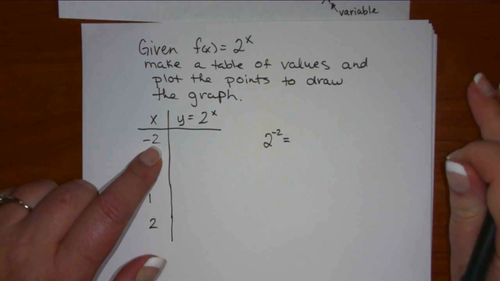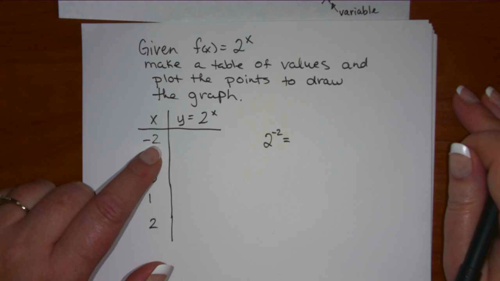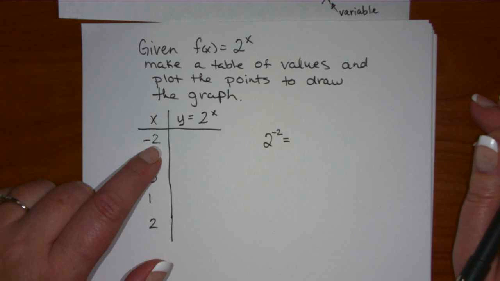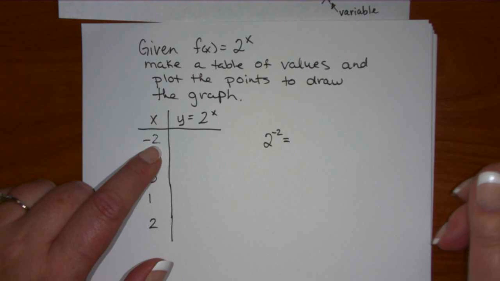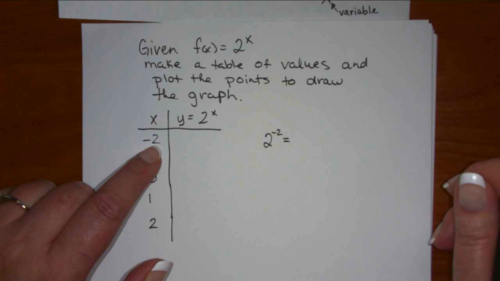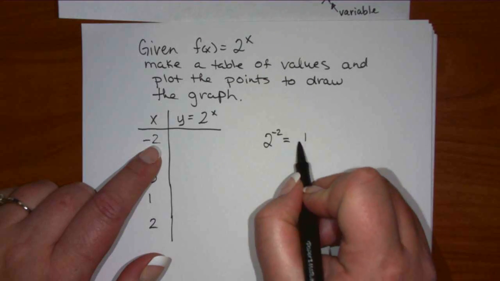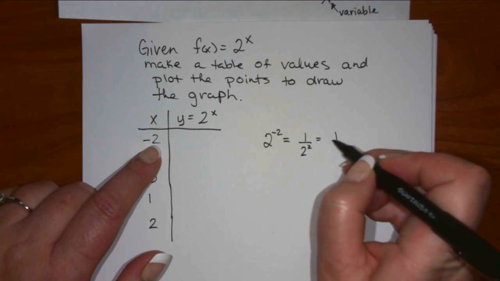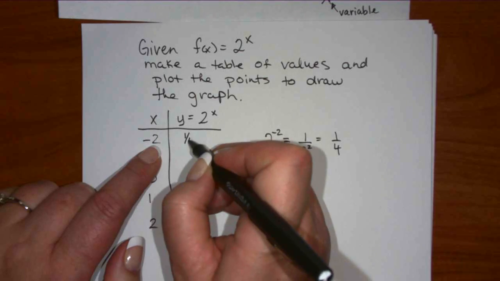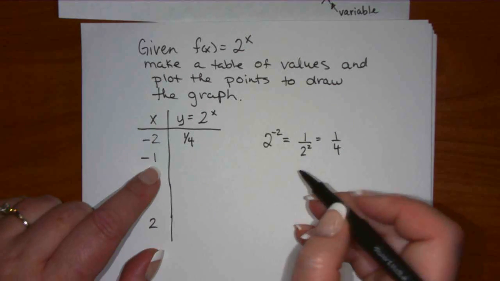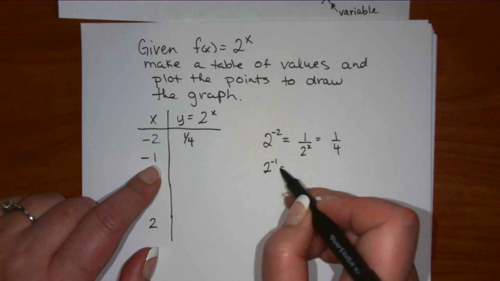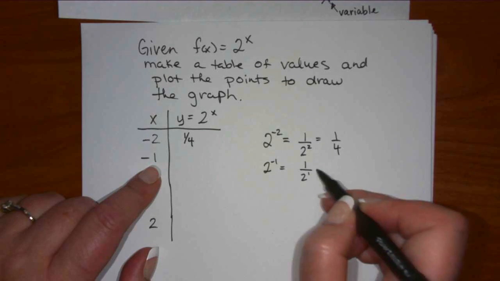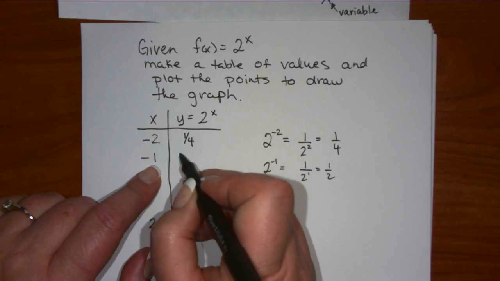What do you do there? Back to the first couple classes. What does a negative exponent mean? Yeah, flip it, it's a fraction. So this is 1 over 2 squared. You make it positive when you move it down to the bottom, so that's 1/4. 2 to the -1. That would be 1 over 2 to the 1, which is 1 over 2, 1/2.